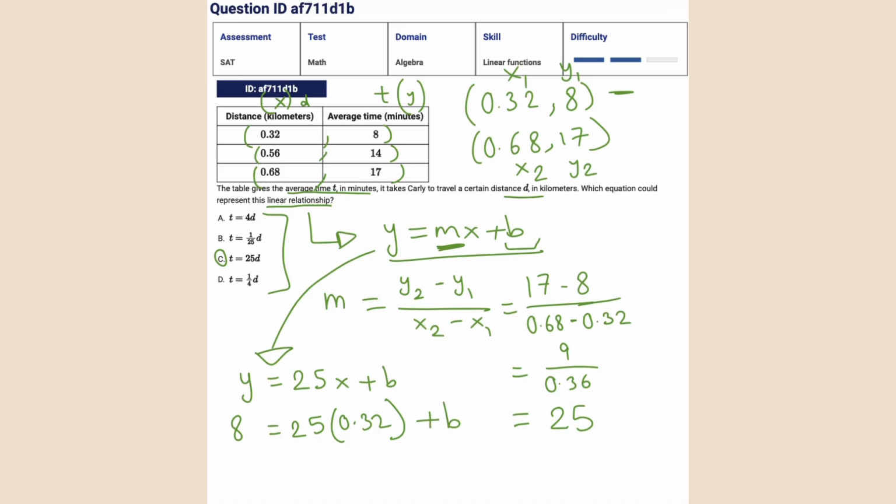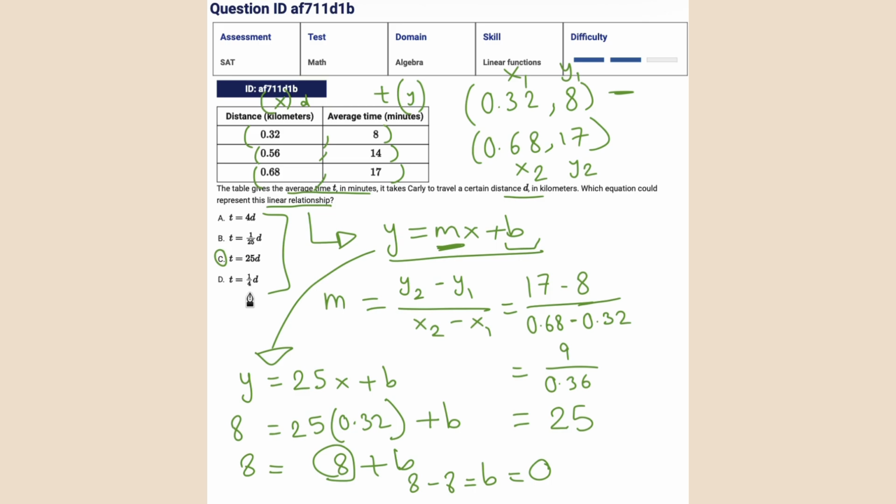So let me quickly multiply that. 25 times 0.32 is 8. Send 8 to the other side, it will subtract, right? So 8 minus 8 equals b, which will equal 0. So that's why we don't have any y-intercept here. And the answer is C.